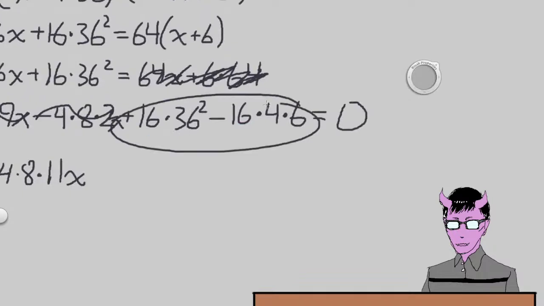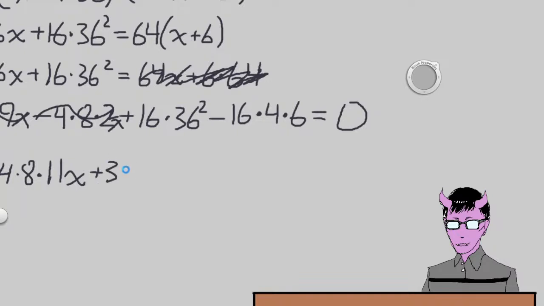And then here, this is really unpleasant. Is there a way around it? No, there isn't. So if we conceptualize bringing these two together, it's going to be 36 squared minus 24 of those 16s, yes.